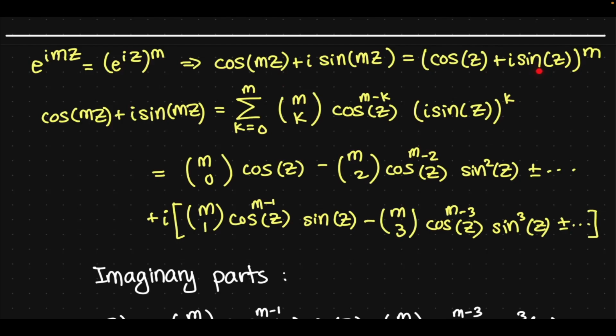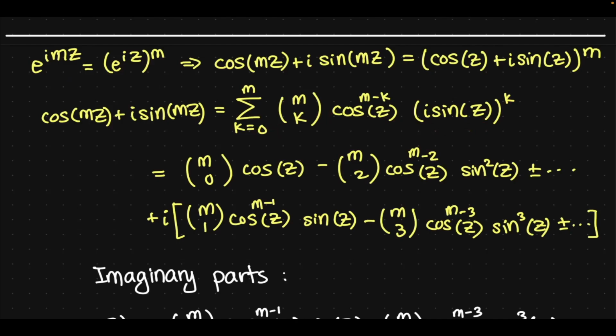the binomial theorem. So in the binomial theorem, we have a sum going from k equals 0 to m. We have m choose k, which is a combinatorial coefficient for combination. Cosine to the m minus k power of z times i sine z, whole thing to the kth power. So as you see, when we are summing it up, we start with 0.